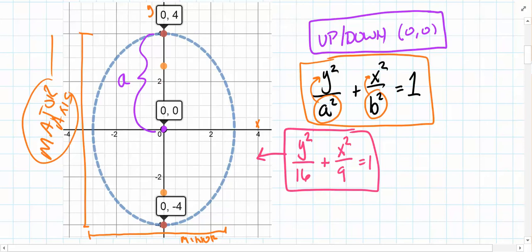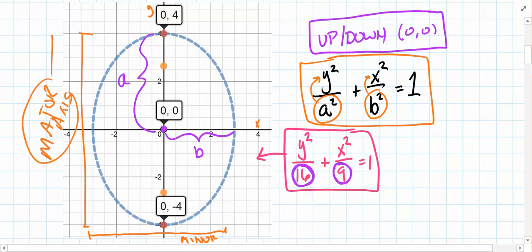So notice that A squared would be 16, and that's why there's a 16 down here. Okay? So that distance is defined as A. The distance from the center to a minor axis is going to be called B. So in this case, you can see that this is clearly 3 units. So if I take 3 and square it, that's why there's a 9 there.